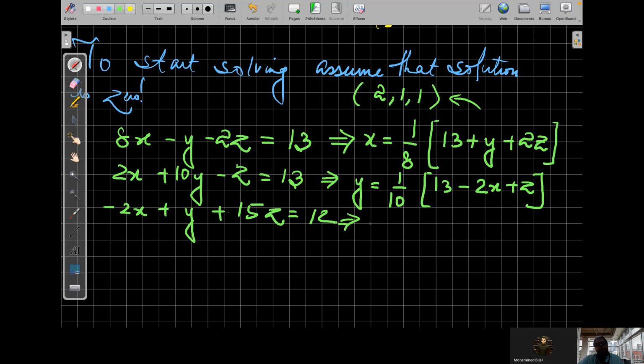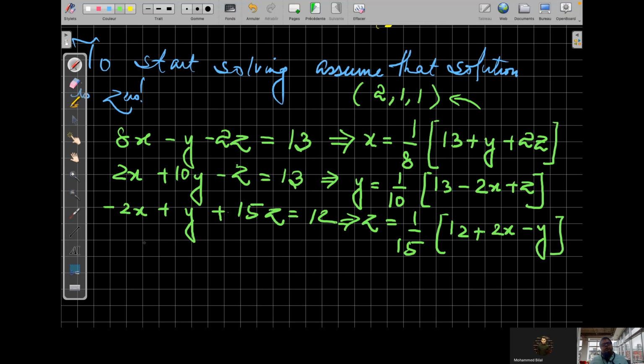And now the third equation, if I do z, then it will become 1 upon 15. And I'm going to write the other elements: 12 minus, plus 2x, and minus y. Then I can try to solve this.